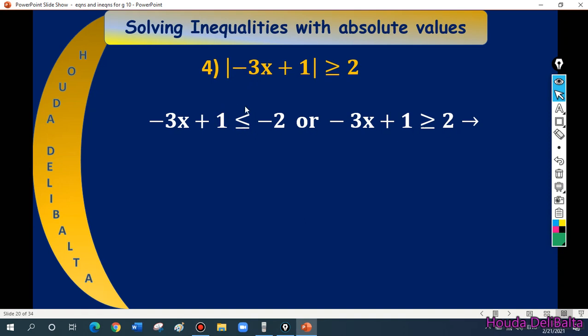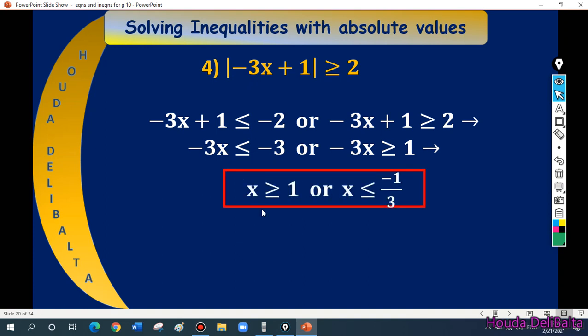Now, as usual, take the 1 to the other side: minus 3x less than or equal to minus 3, or minus 3x greater or equal to 2 minus 1, which is 1. Now we have to divide by minus 3 here as well as here. When we divide by minus 3, what will happen to the order? Less than becomes greater than.